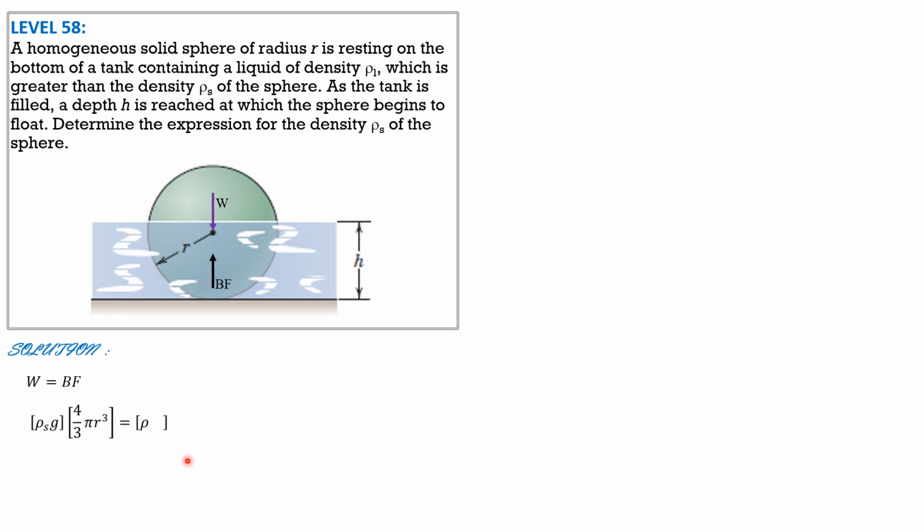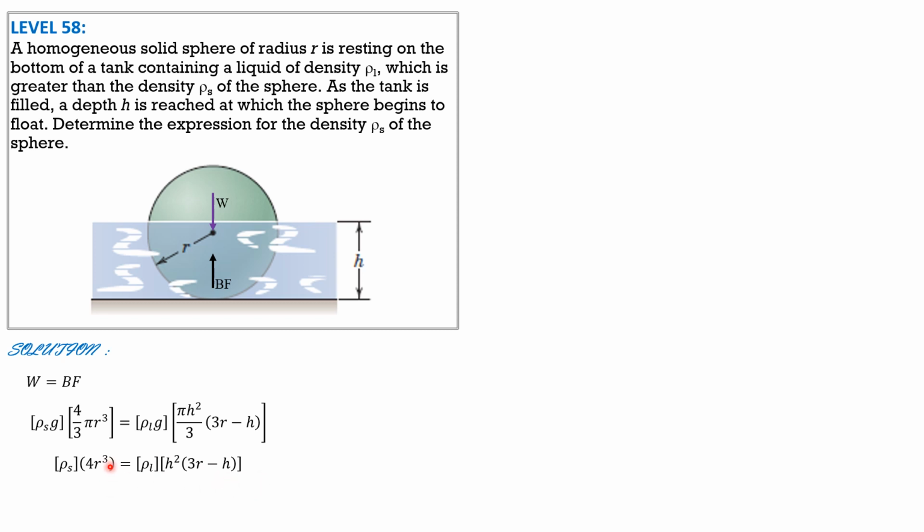Then buoyant force is equal to rho of liquid times g times pi h squared over 3, times (3r minus h). So we can cancel g and pi over 3. So rho s times 4r cubed equals rho l times h squared times (3r minus h).